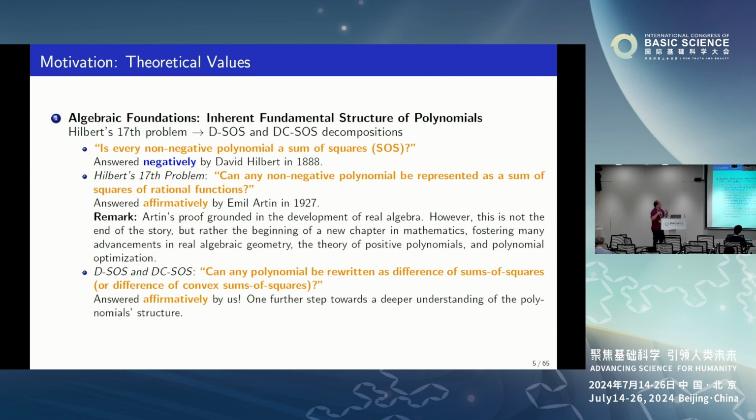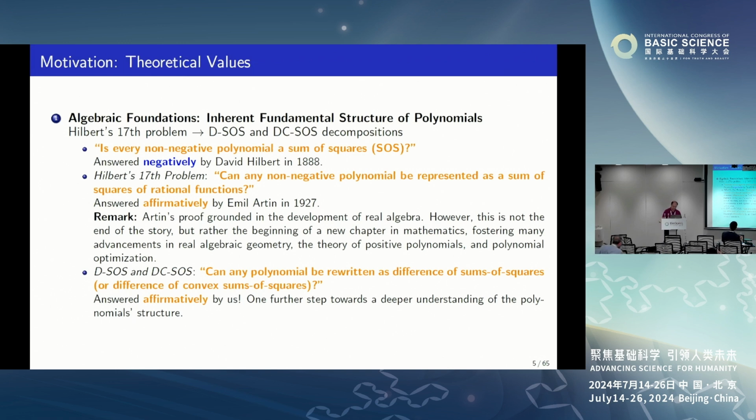So in practice, given any polynomial, positive, negative, or both, can it still be represented using some square structure? The idea is that maybe we can just take the difference. So the question is: can we write any polynomial of any degree as a difference of squares, or even convex squares? The answer is yes, as shown in our recent study.